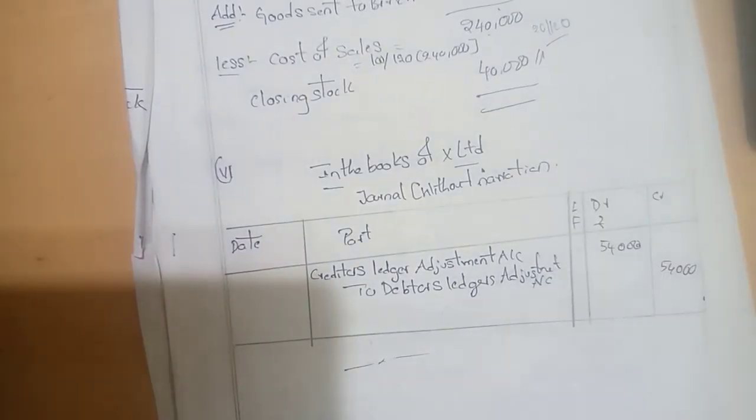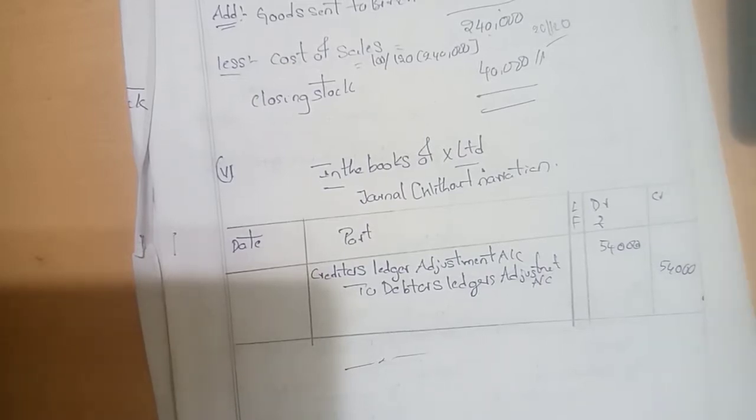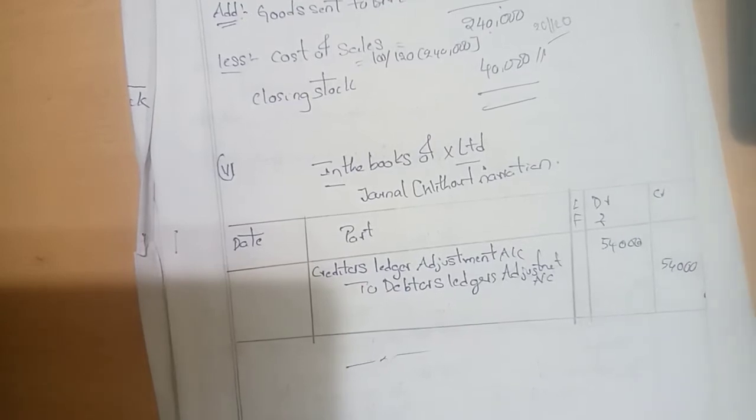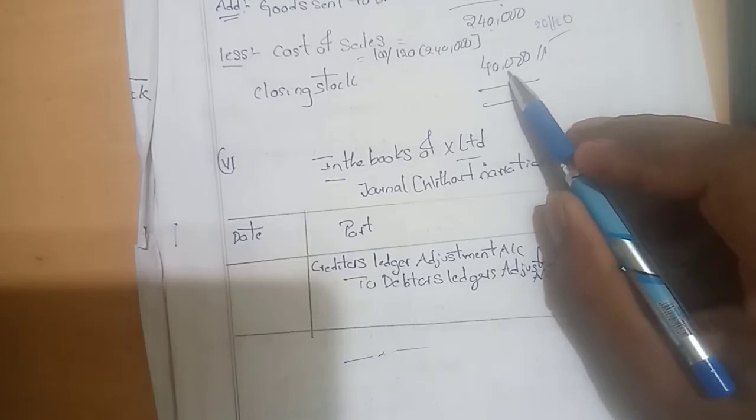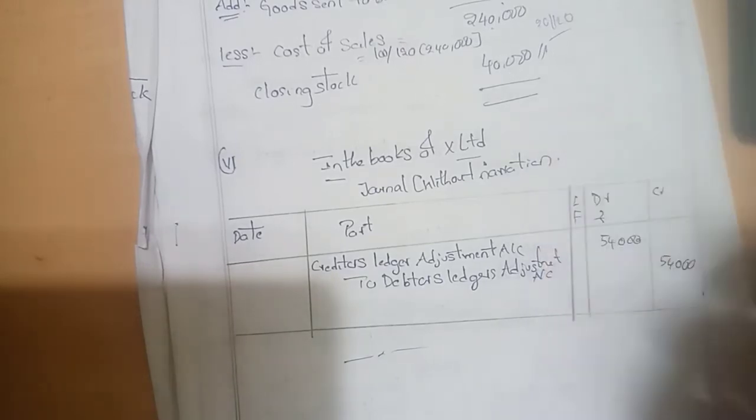Cost plus 20% means we take cost as 100 and add 20% extra, so overall 120. That's why 2,40,000 is multiplied by 100 by 120. Finally the closing stock will arrive at 40,000.